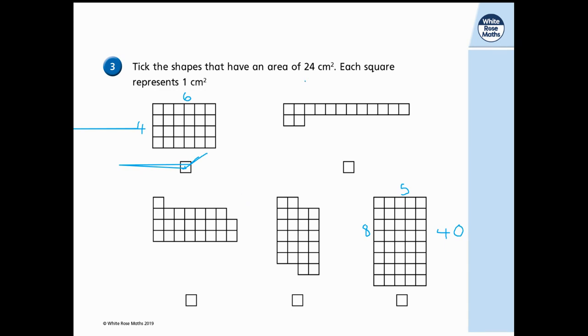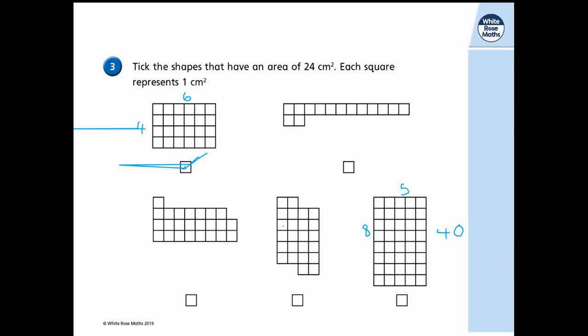Now with these 3, I can't times to find the area because I've not got the same amount on each row. So I've got to count the squares. So I've got 4 there, 5, 6, 7, 8, 9, 10, 11, 12, 13, 14. Well, that's not 24.